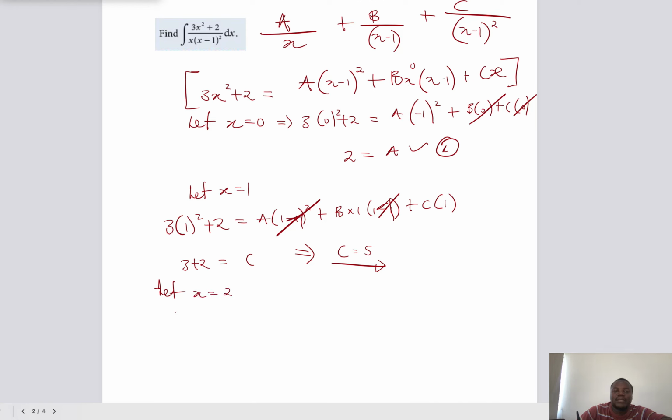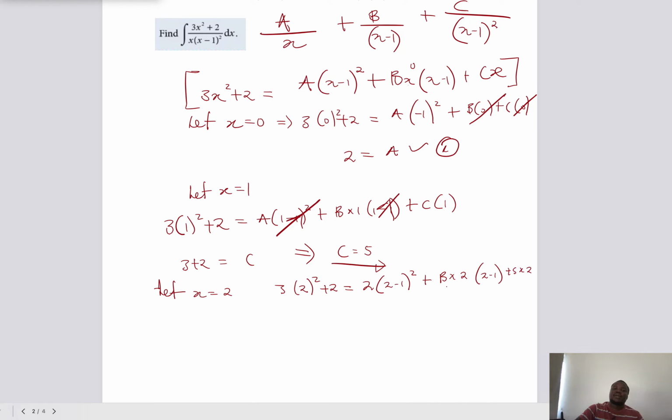So we know that this is going to be 3 times 2 squared plus 2 equals, already a is equal to 2. So we've got 2, then 2 minus 1 squared plus b times 2, since x is equal to 2, then 2 minus 1, and then remember that c is 5 and x is equal to 2, so we've got plus 5 times 2.